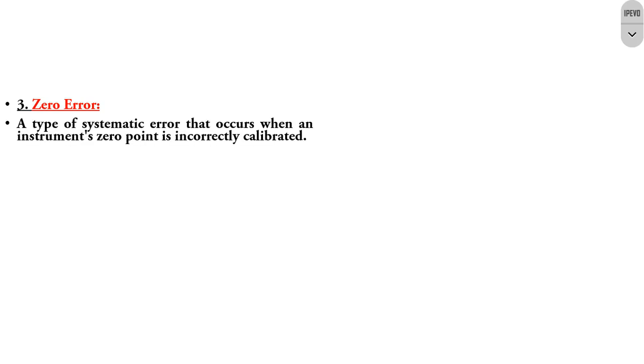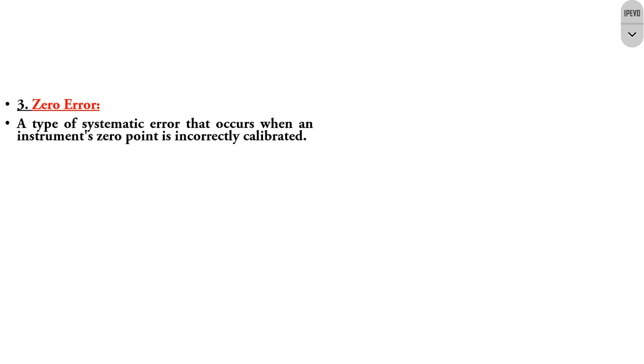Number 3, zero error. Zero error is a type of systematic error that occurs when the instrument's 0 point is incorrectly calibrated. An instrument is supposed to be pointing at 0 point and you didn't even look at it, the thing may have been pointing at either the negative side or the positive side, and you begin to use that very instrument for measurement.